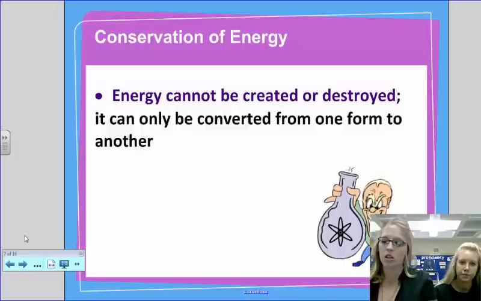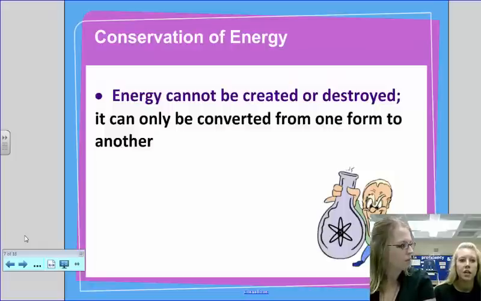So for instance, in your circuits, you use chemical energy stored in a battery to convert to electrical, and then that turned into light, and sometimes the bulbs got hot, so that turned into heat. And then that heat is released into the air around you, which is transformed into other types of energy depending on where it goes and what it does.